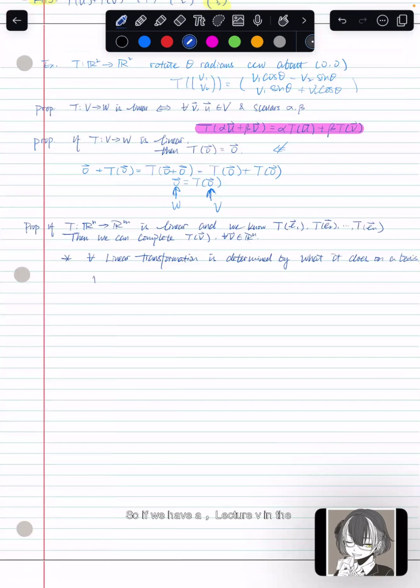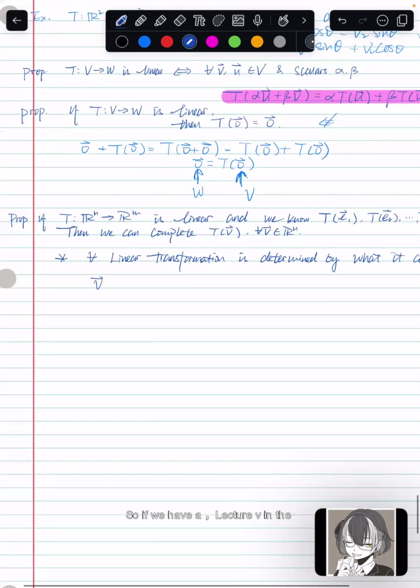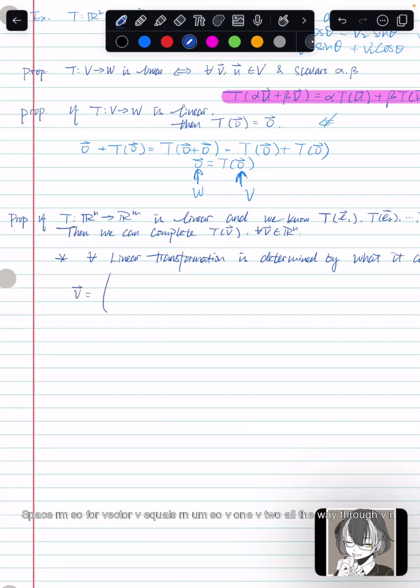So if we have a vector v in the space Rn, so v1, v2, all the way through vn. All right, this vector belongs to Rn.